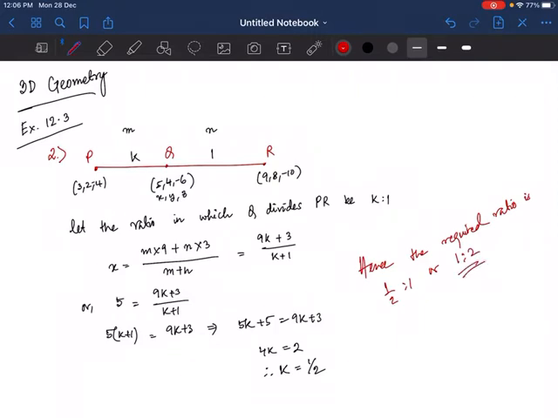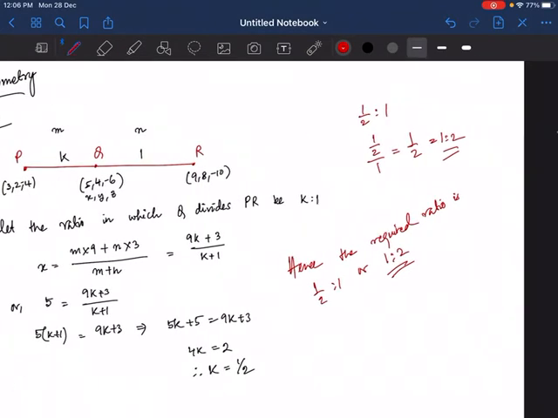That is my required ratio. 1 by 2 is to 1 is basically 1 by 2 only, so we can write this as 1 is to 2. So that's how we get question number 2. Now let's do question number 3.